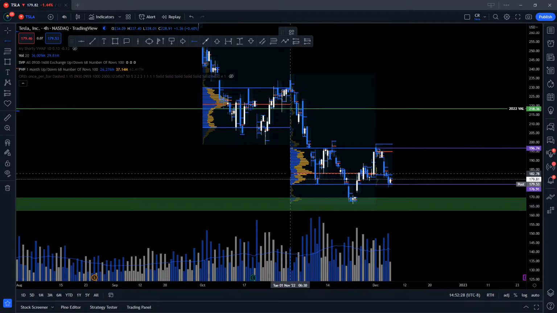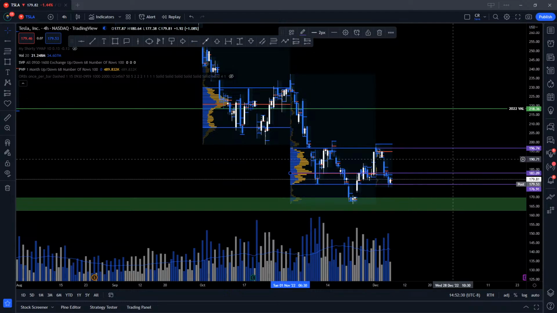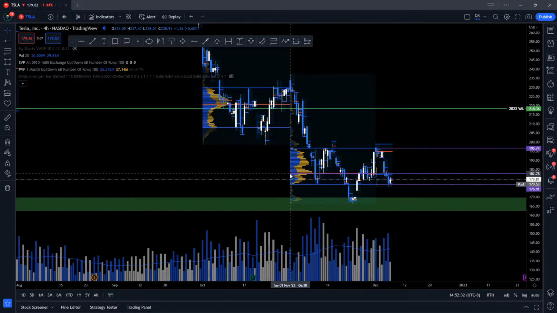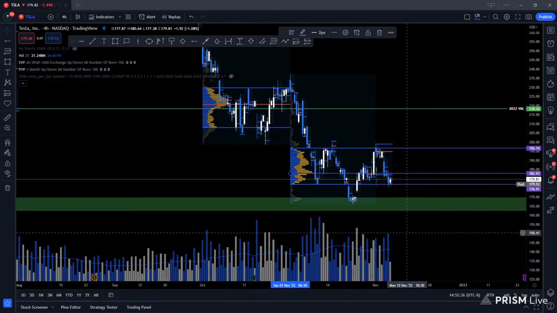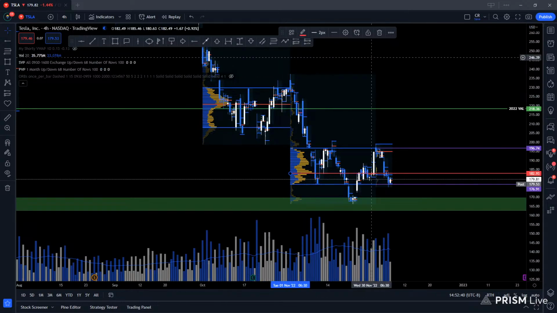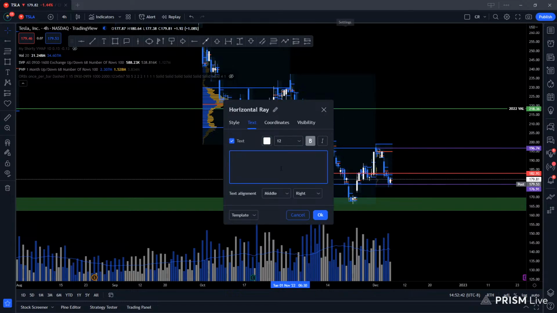You can wait until it gets to the demand area and then take it long. What could we do before that? If it bounces back from that value area low and goes to that POC, we can short it. Yeah, you could.